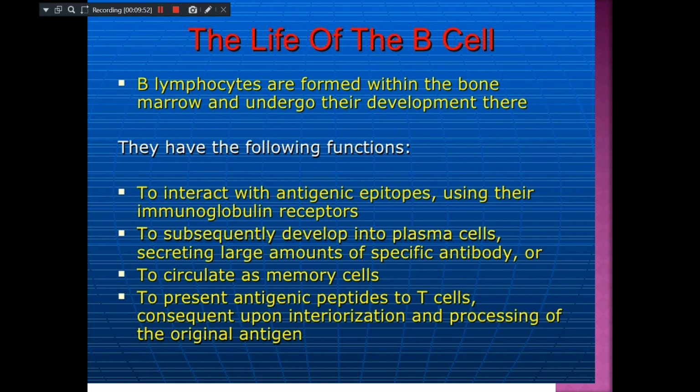Some of them will secrete a large amount of specific antibodies, and the antibodies will take care of the antigens and nullify the effect of the antigen. Whereas a few of them circulate in the blood as memory cells. The role of the memory cell is to identify the antigen.